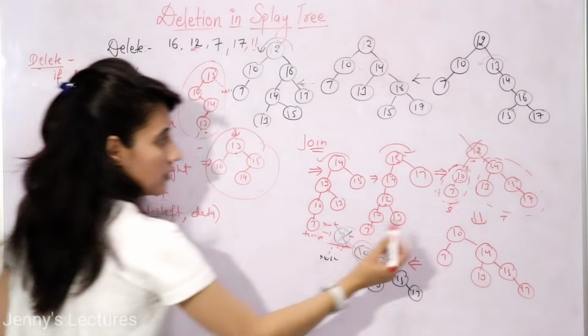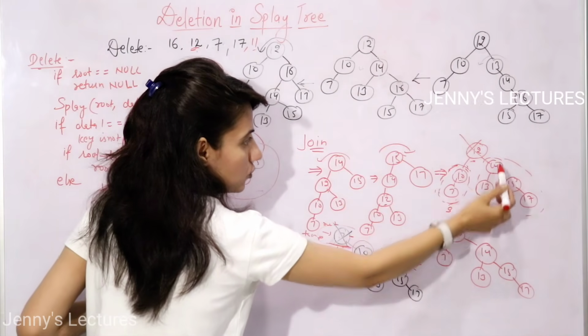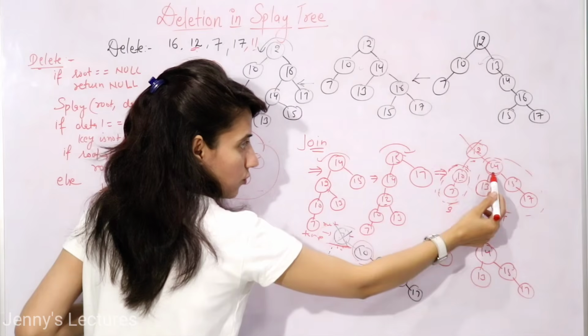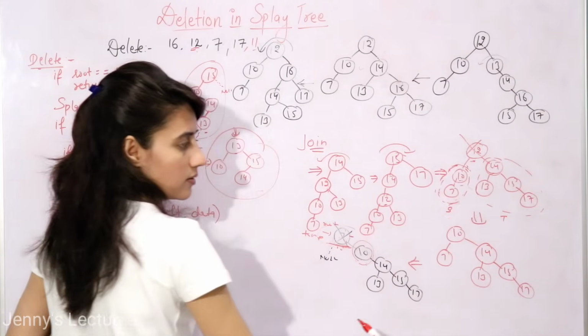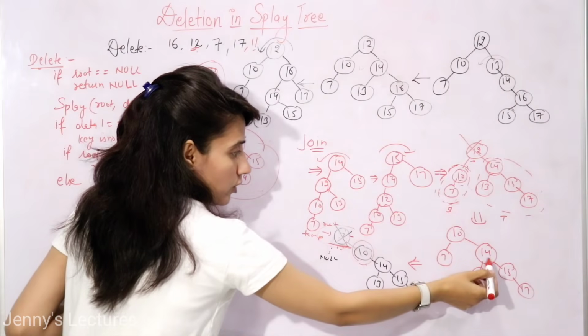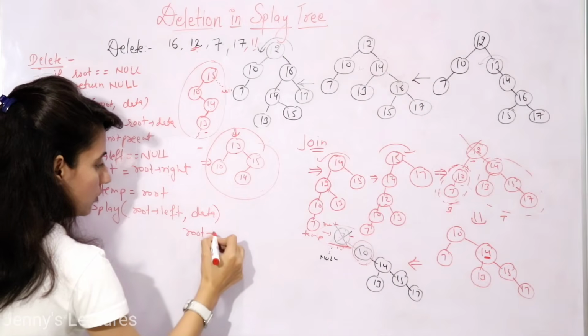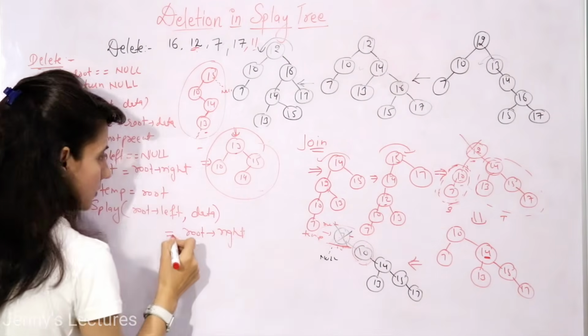After splaying, see this root of right would contain the address of 14, but now 14 should be the right child of this 10, right? So where you will store the address of root of right?